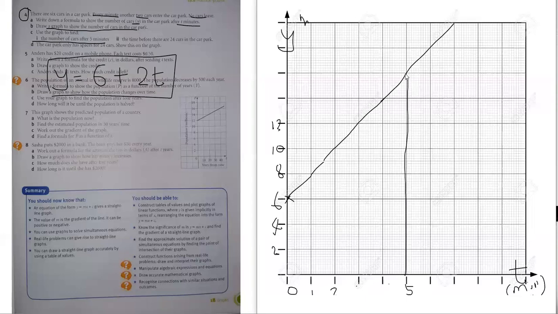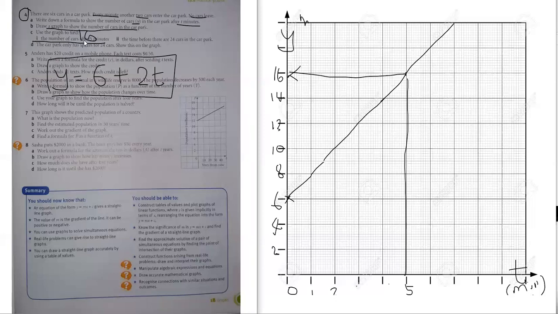Touch the straight line, then you can see what the figure is here. This is the answer. So we have 10, 12, 14, and 16. That means after 5 minutes, I have 16 cars.